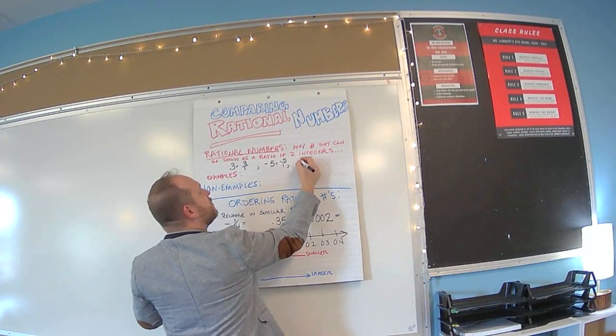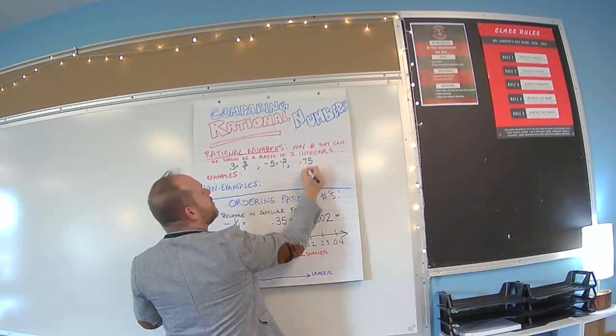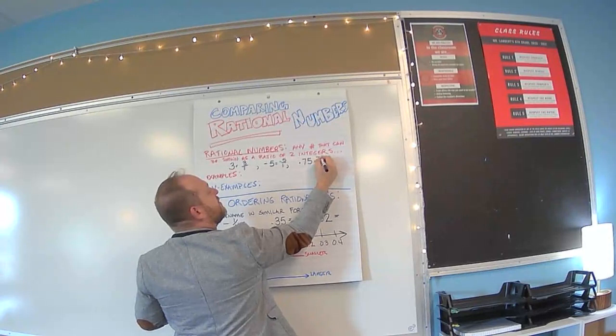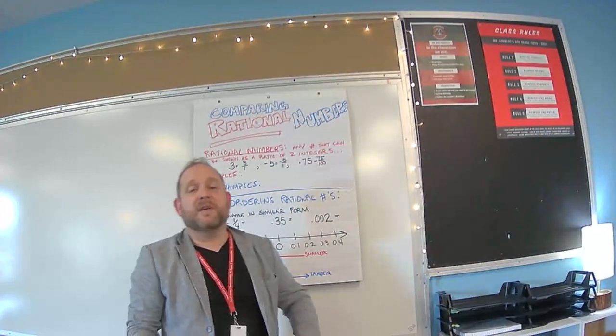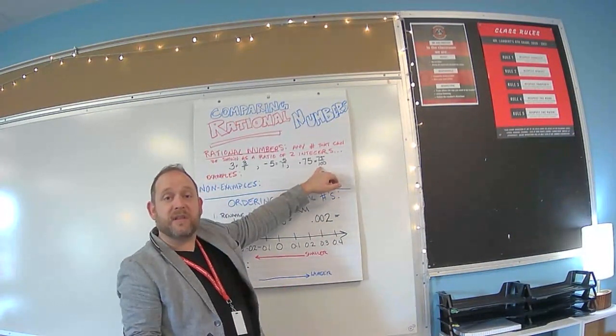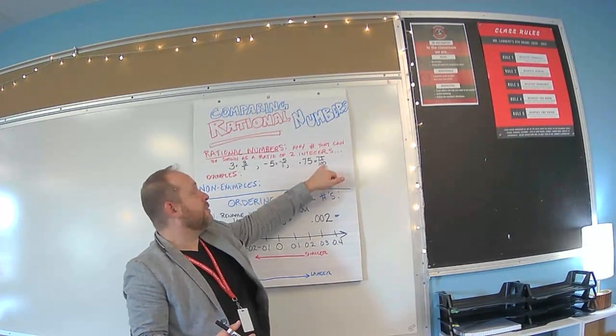Let's see, 0.75. I know that one off the top of my head. That one is the ratio of 75 over 100. Again, remember, most decimals at least are easy to show because you go to the place where the decimal terminates or ends, and you look at what place that is.